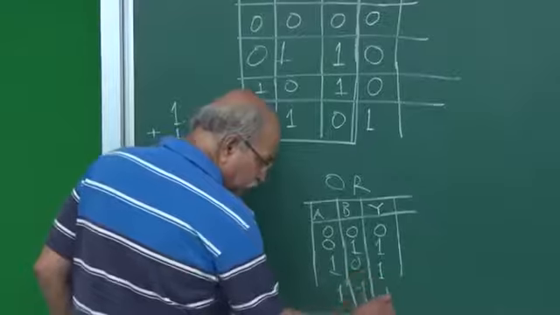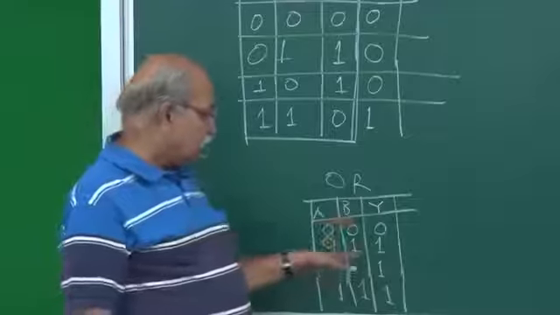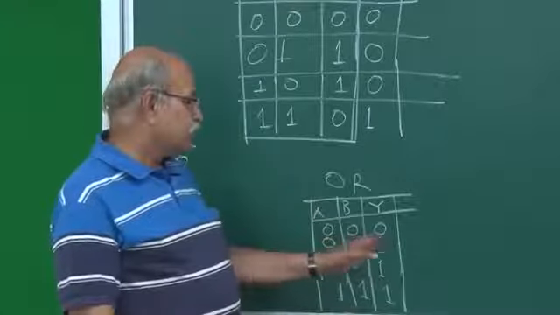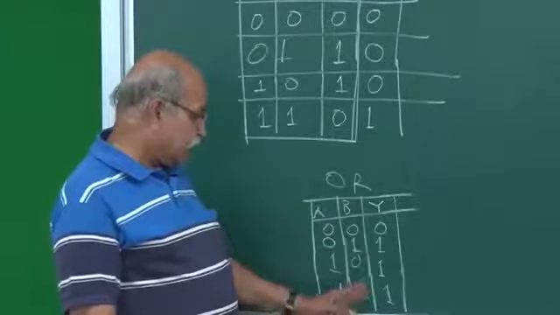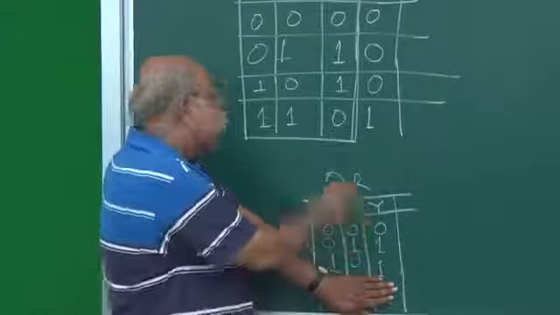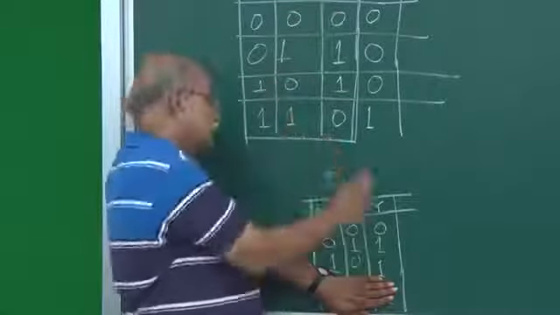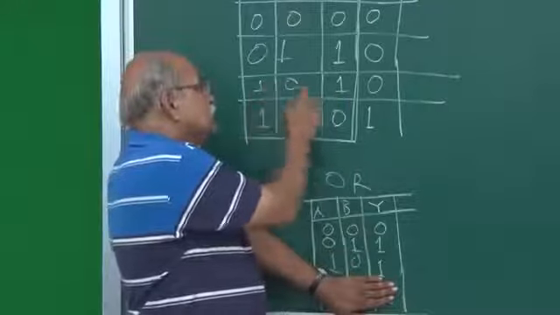That is our OR gate. At least one of them is 1, then the output is 1. Both of them are 1, then also it is 1. So, up to here if you compare, 0 0 is 0, 0 1 is 1, 1 0 is 1.